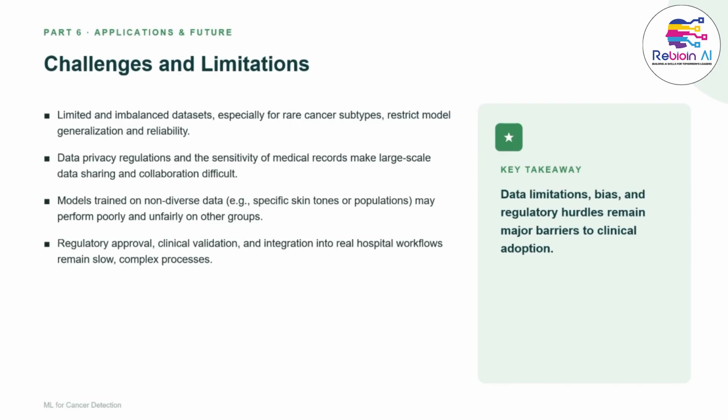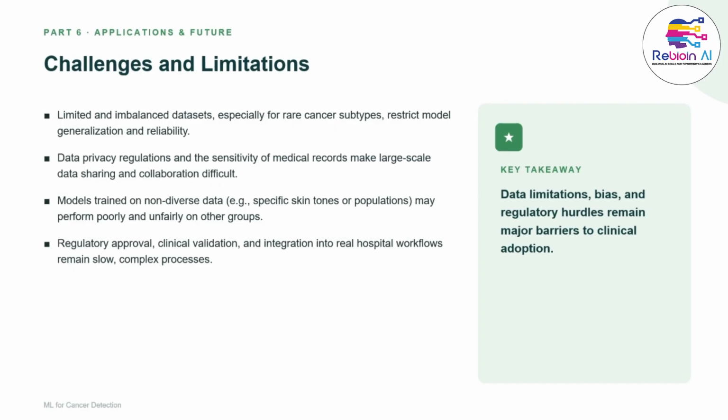Now, it's important to be honest about where this technology still falls short. First, data limitations. Many cancer subtypes are rare, meaning there isn't enough labeled data to train a reliable model. Second, privacy. Medical records are among the most sensitive data that exists, and regulations rightfully make it hard to freely share patient data between institutions, which slows collaborative research.